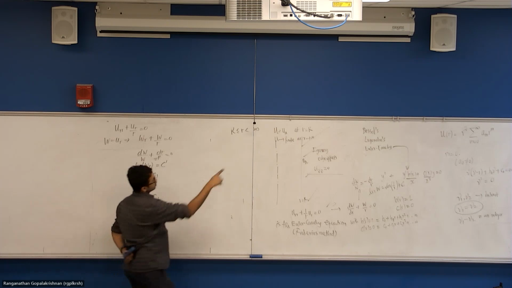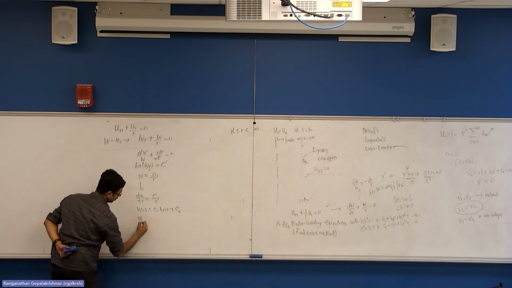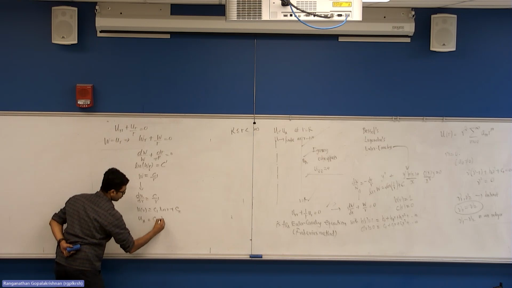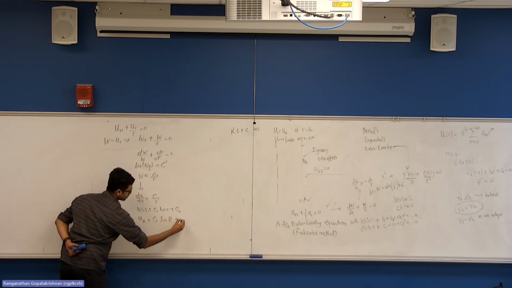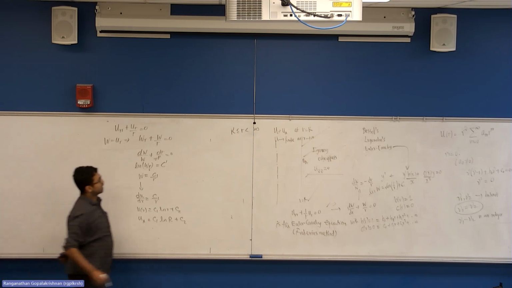So use the first boundary condition to say u of a equals C1 ln a plus C2. And how do you apply the second boundary condition?